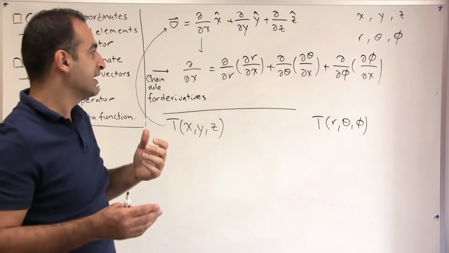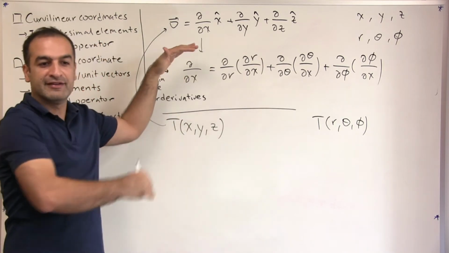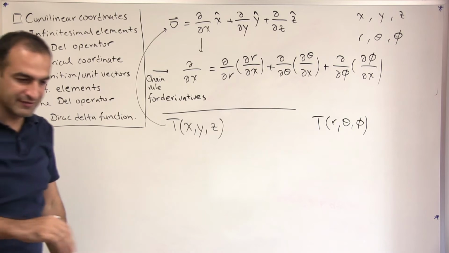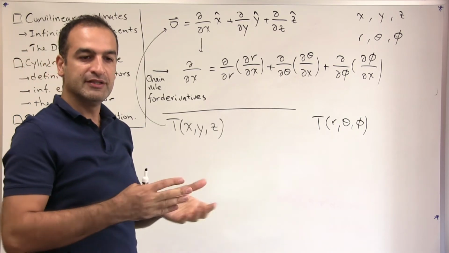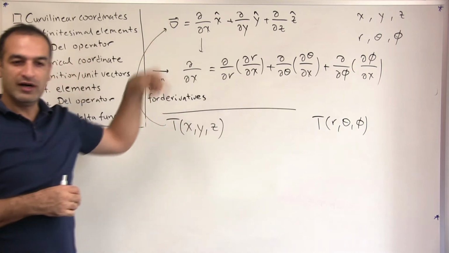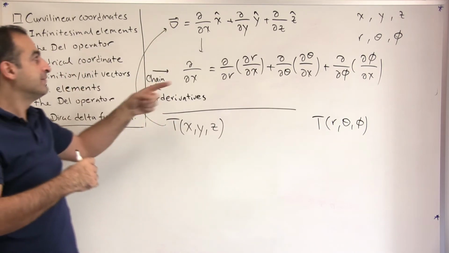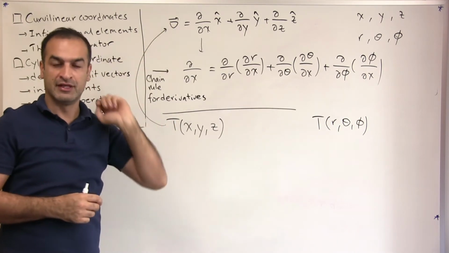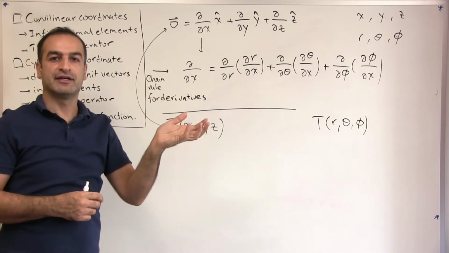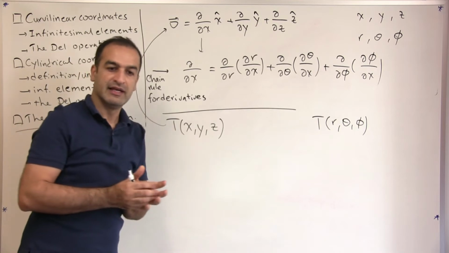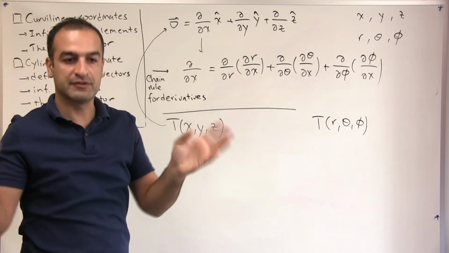The only complication is that it's going to be very, very lengthy and long. I don't even think in the appendix of the book they have done that. But the good news is that you do it once, and then you will have a definition of the del operator, whether being gradient or divergence or curl, in terms of the polar coordinates. And once you have that, you can use it forever.